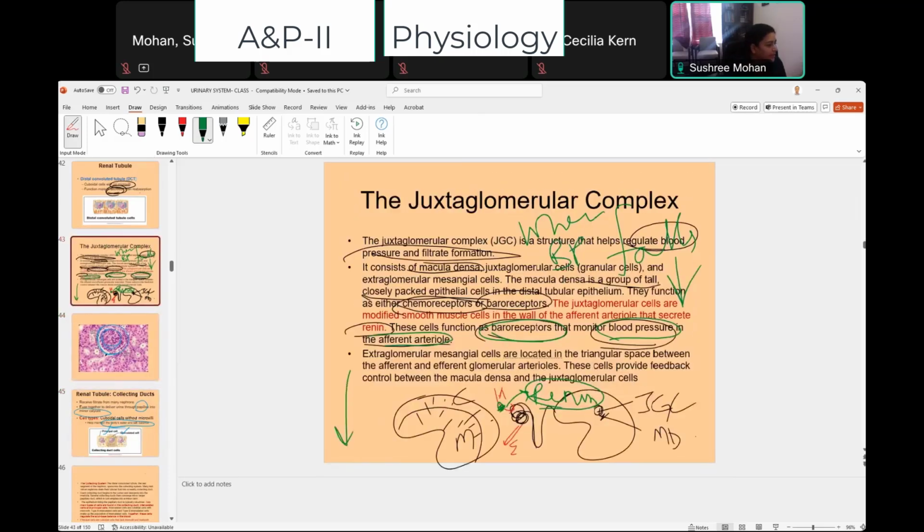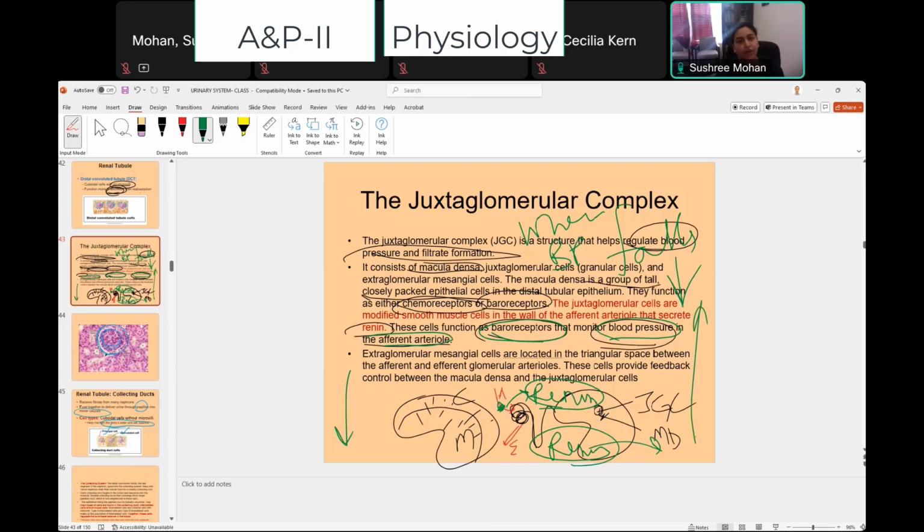Then the renin is going to start acting on other components like angiotensinogen, converted into angiotensin 1, that will get converted into angiotensin 2. It's going to impact a cascade of reactions one after the other to bring the blood pressure up.